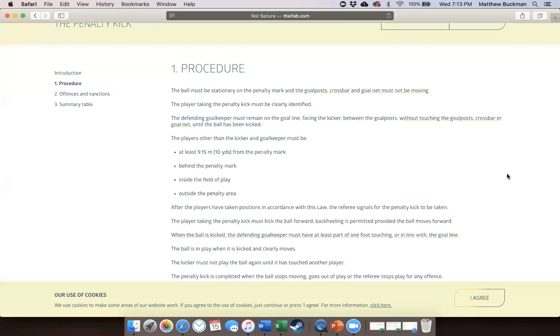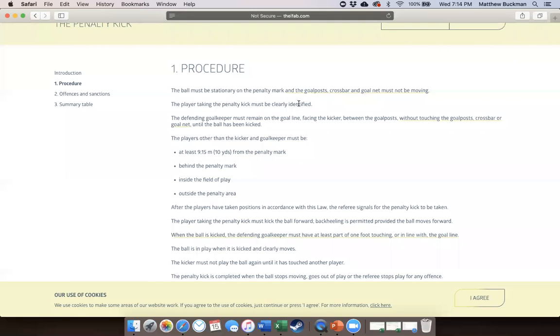So IFAB now says not only must the ball be stationary on the penalty mark, the goalposts, the crossbar, and the goal net must not be moving. If a goalkeeper jumps up and down and hits them or pulls on the net or does anything like that, just stop for a moment, ask the goalkeeper not to do that, wait till it stops moving around, and then go ahead and blow the whistle to start the penalty kick.